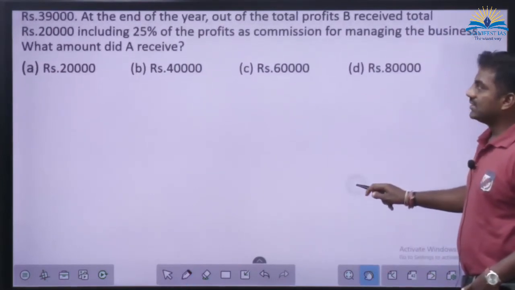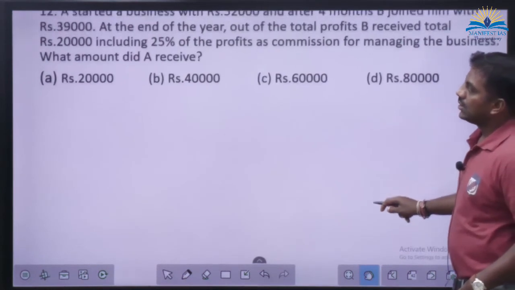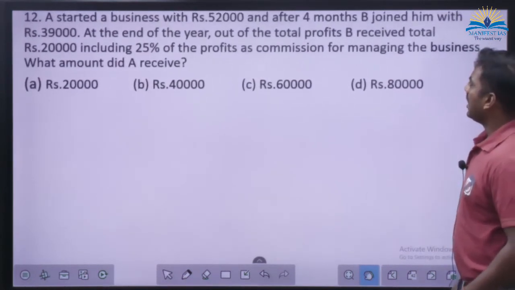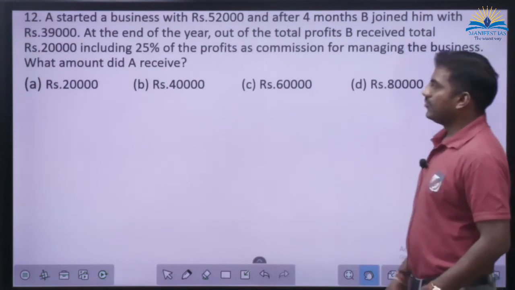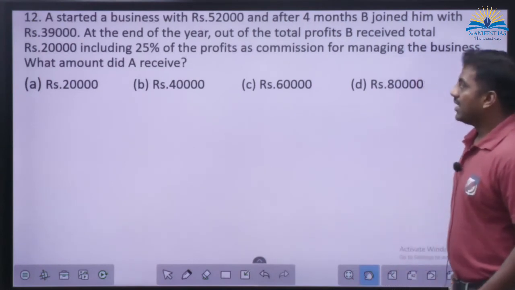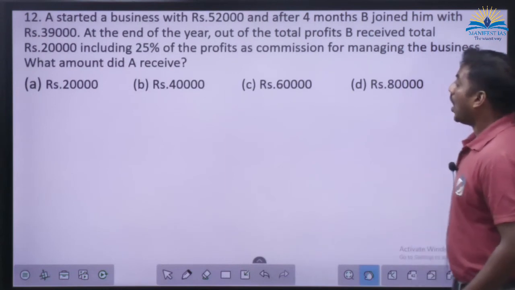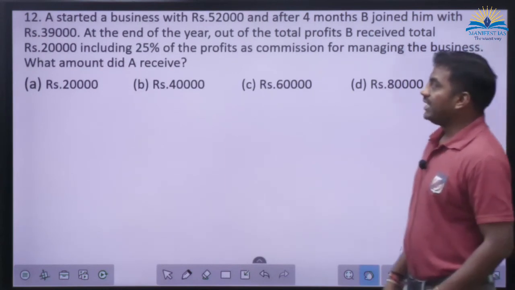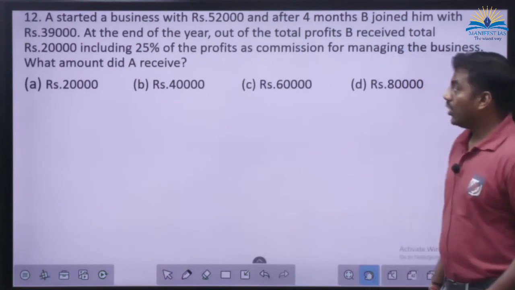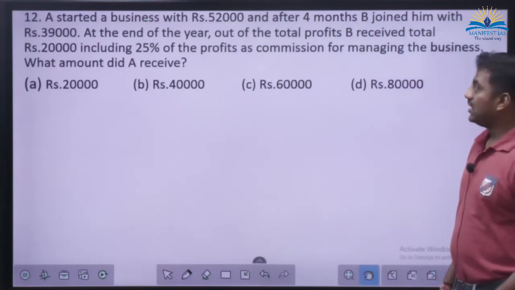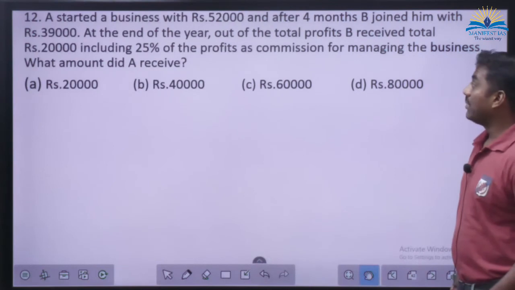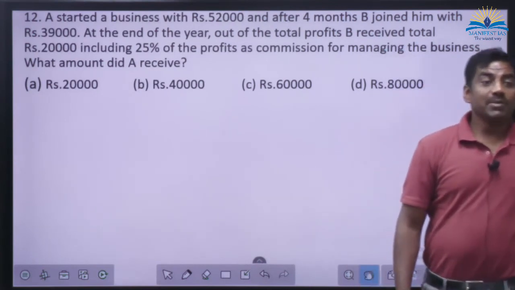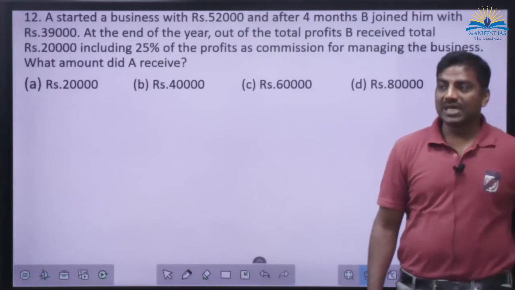A started a business with rupees 52,000, and after 4 months B joined him with 39,000. At the end of the year, out of the total profits, B received a total of rupees 20,000, including 25% of the profits as commission. So B is not just a sleeping partner, he is also a working partner.